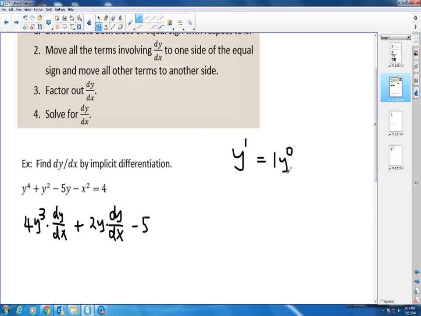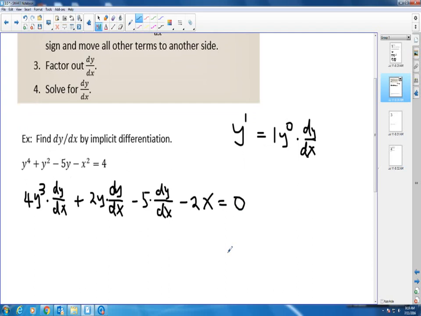So that would just be 1, or just a 5 here, times the derivative of the inside, which is dy dx. So this is going to be 5 times dy dx. Alright, minus the derivative of x squared with respect to x. We differentiate that normally, so that would just be 2x, equal to the derivative of 4, which is 0.